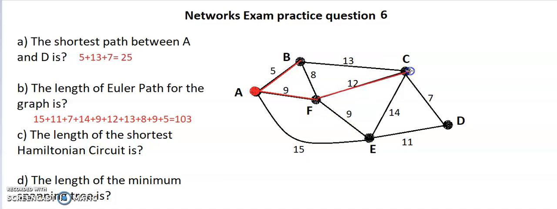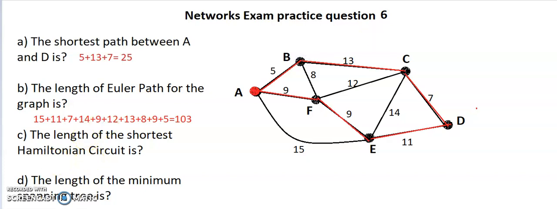Well, I could go 12, or I could go to 9, and 9 is the shortest. Again, 14 to C, but I need to get to D, and that is the shortest. And I'm doing the shortest from D to C, which is 7. Now I just need to continue back to B, and that gives me my circuit.